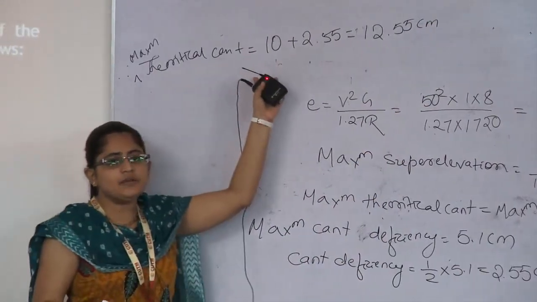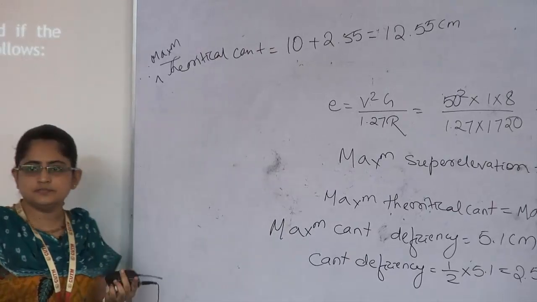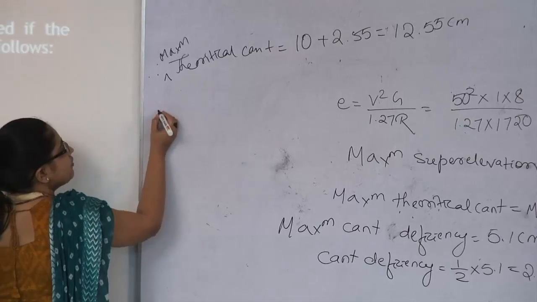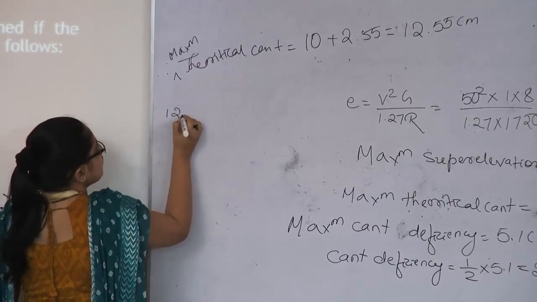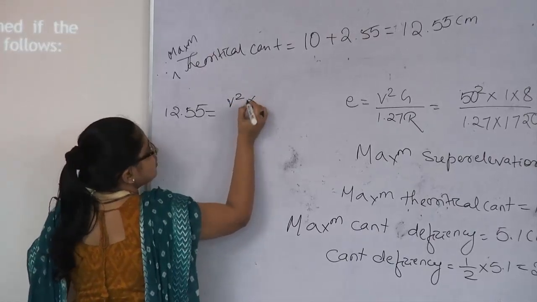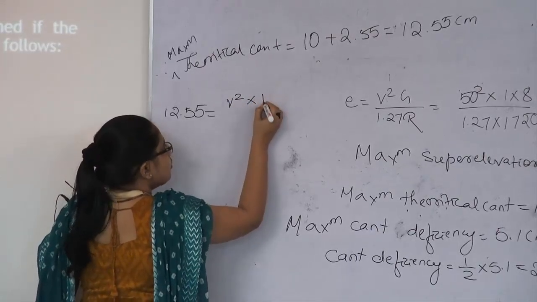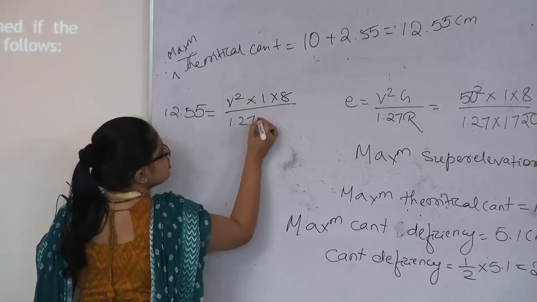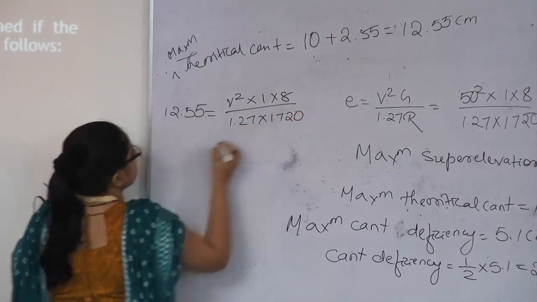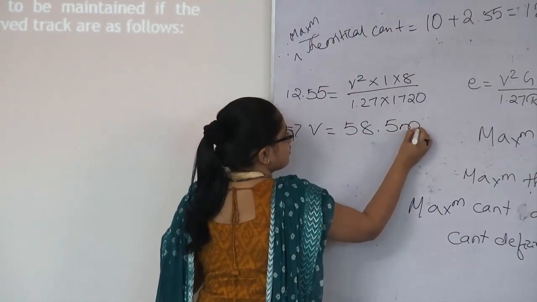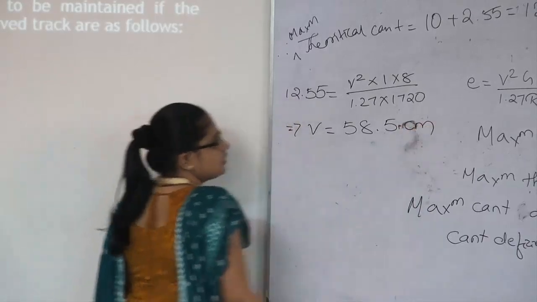By taking the super elevation, find out what the speed is. 12.55 equals V squared into how much? 1 into 8 by 1.27 into 1720. How much is V? 58.5 km/h.